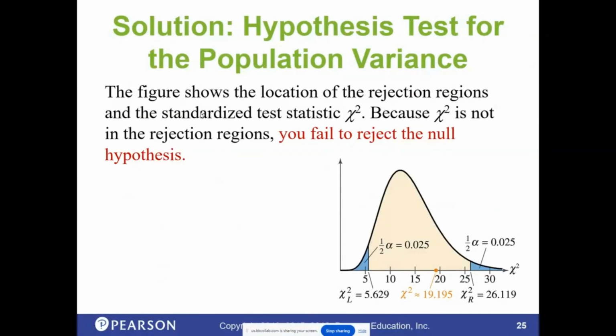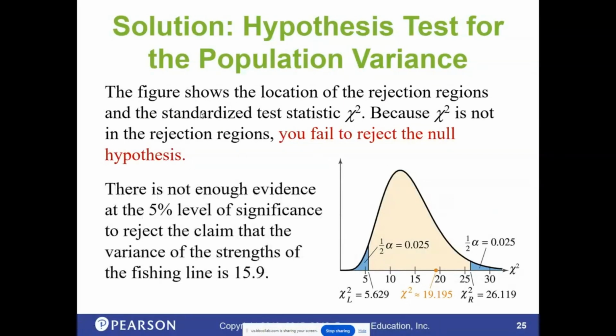It's not in the rejection region, so we're going to fail to reject the null hypothesis. So our statement for this problem would be there is not enough evidence at the 5% level of significance to reject the claim that the variance of the strengths of the fishing line is 15.9. Questions on that one?